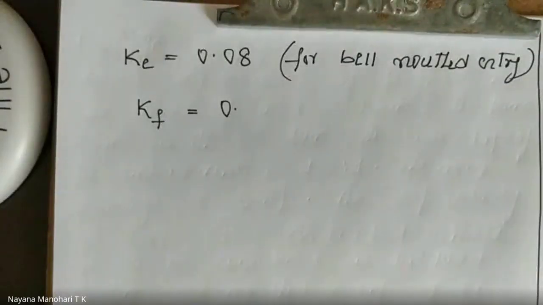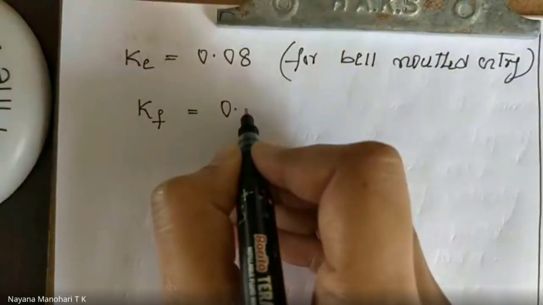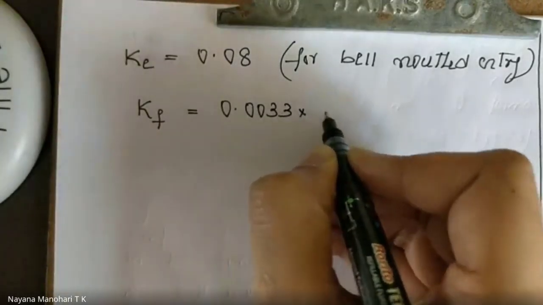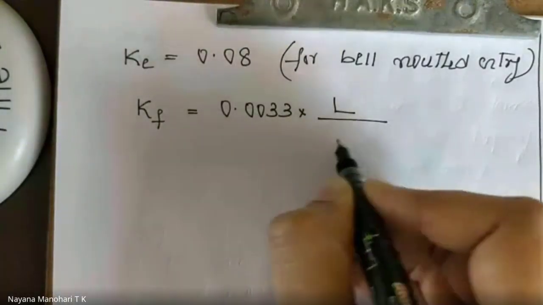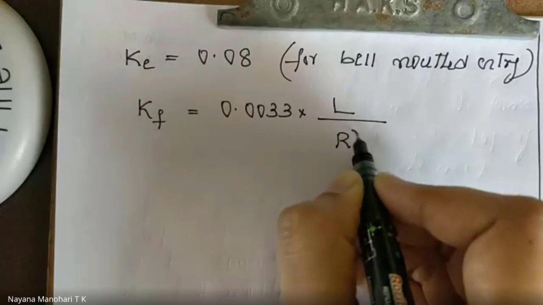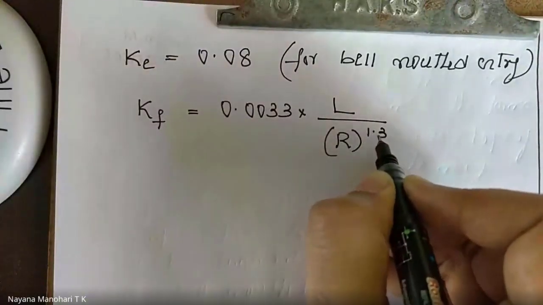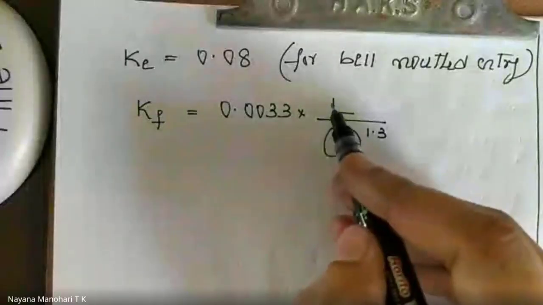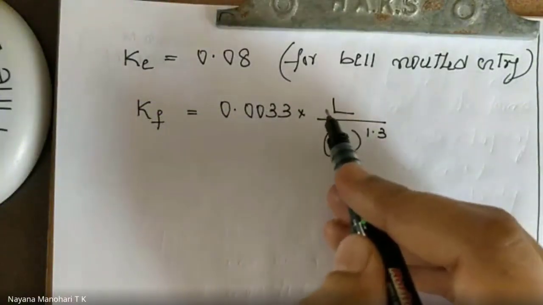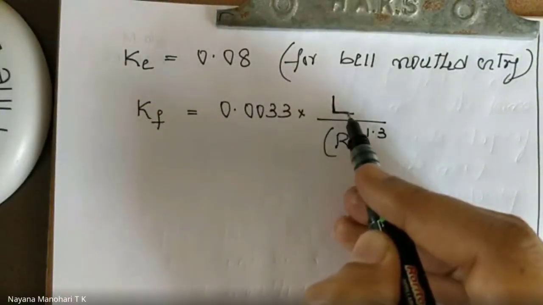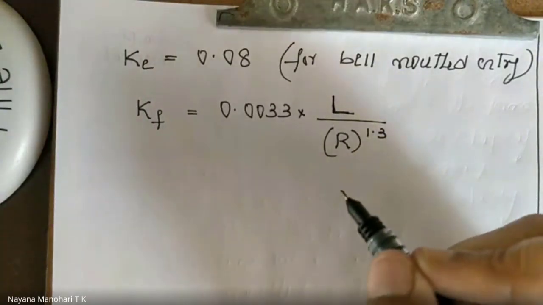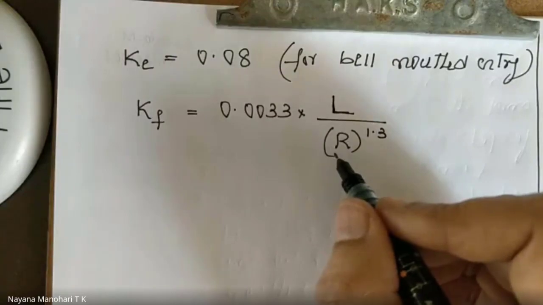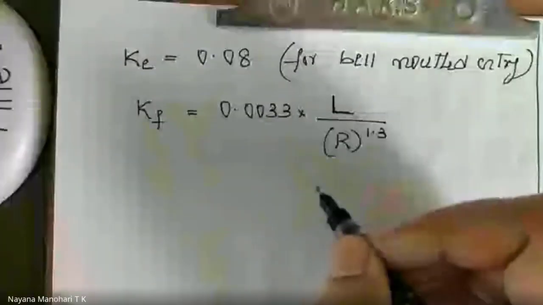Take down that formula. In that, you need to calculate the length of the pipe L, and the R value, which is the hydraulic mean depth. You are going to calculate it now.